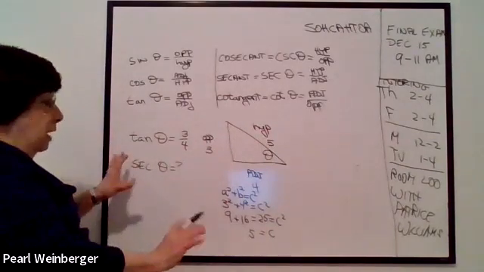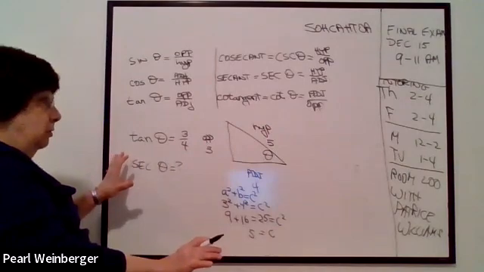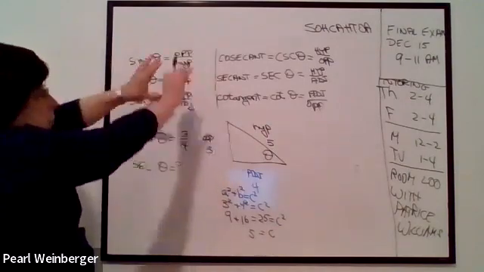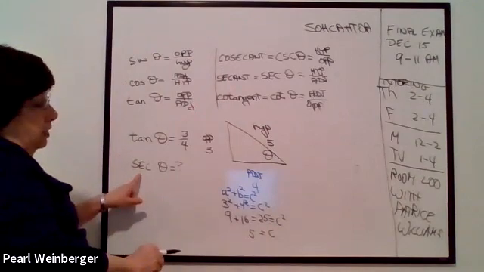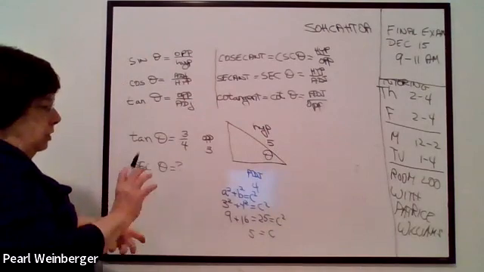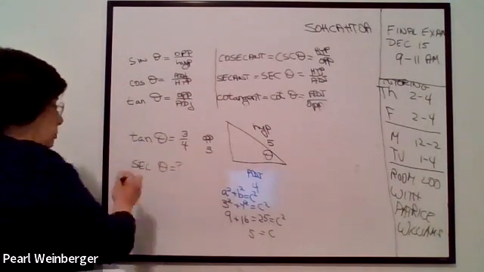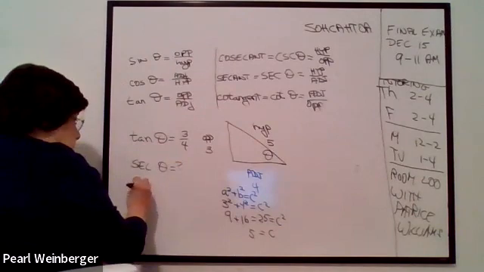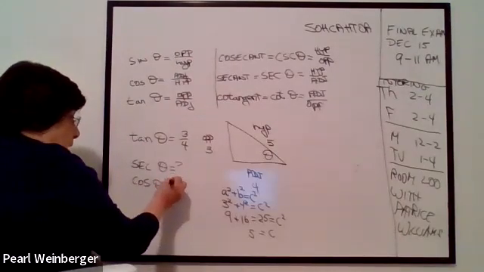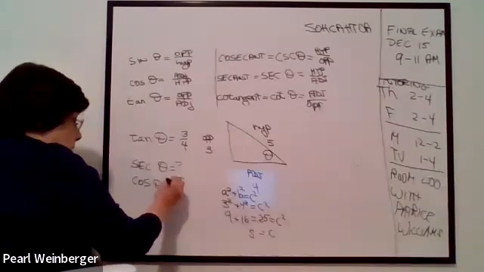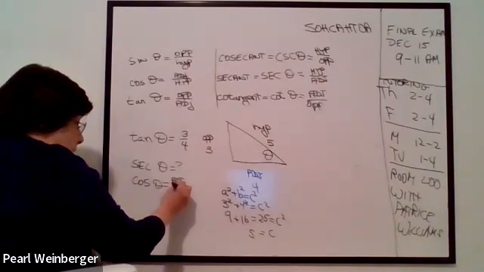Okay. Now that we have all 3 sides of the triangle, we can figure out any one of these trigonometric functions. They're asking us for the secant. Now I remember the secant partners with cosine. And cosine is adjacent over hypotenuse.